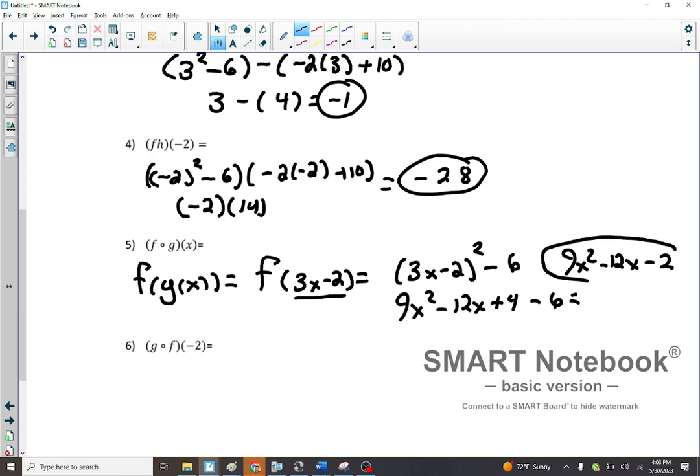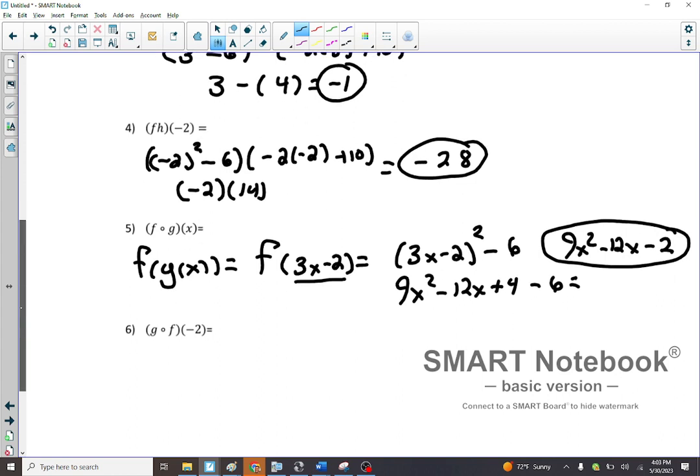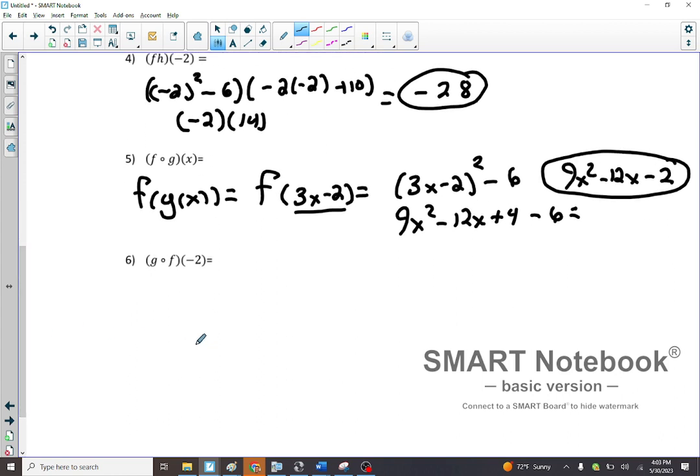If I'm making this a multiple choice question, no doubt I'm putting in a version where you forget to FOIL and just distribute the 2. This has to be FOILed. Someone's going to make the mistake of just distributing the power of 2, which is a mistake. Don't do that.